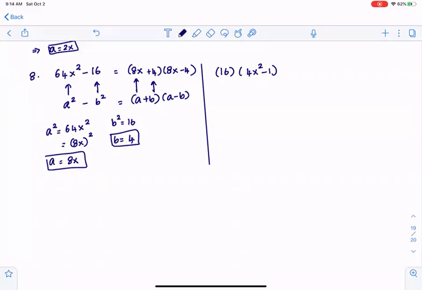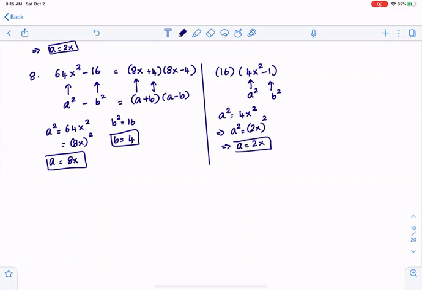Now, a squared is 4x squared, and b squared is 1. A squared would equal 4x squared. This would mean a squared is 2x whole squared. That would mean a equals 2x. b squared is 1, therefore b is 1.